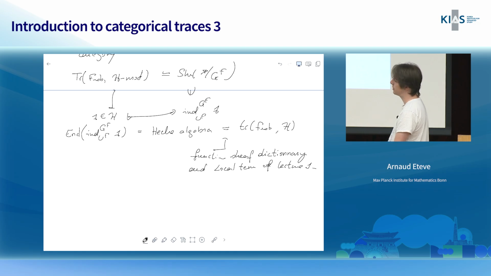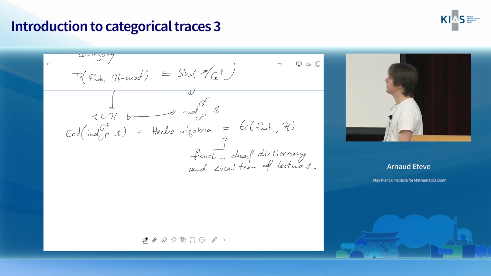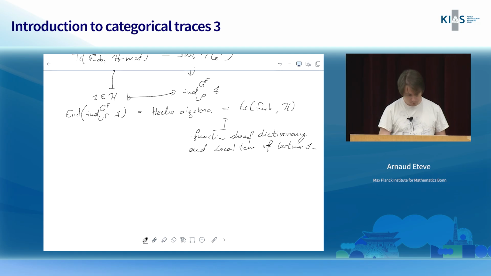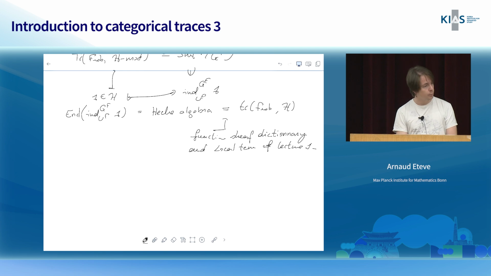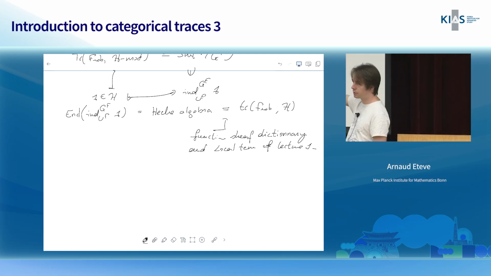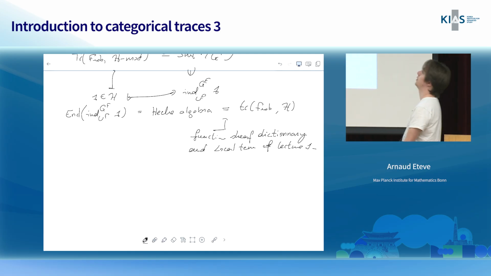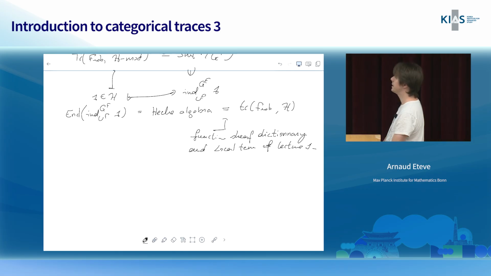We expect that this is a good way to try to access it, but for now, this is still open. Also, to link up with David's talk of yesterday, I've taken this trace on the finite Hecke category. If you replace it by the affine one, you're going to get the corresponding statement for the affine Hecke algebra as the trace on the affine Hecke category.